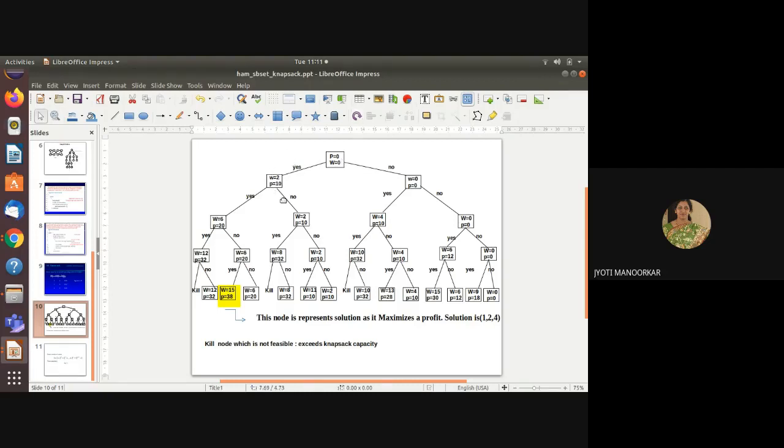Whenever we are exploring and creating a particular node, you have to check the current capacity of the knapsack that is remaining. At the root node, as we have not considered any element, the profit is 0, the current weight of the knapsack is also 0, and the remaining capacity is full, that is 15.